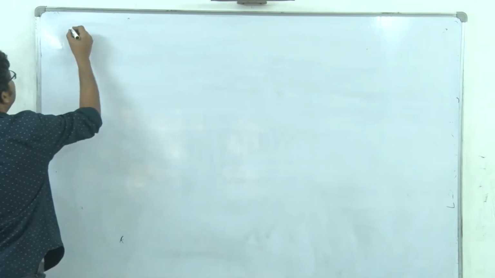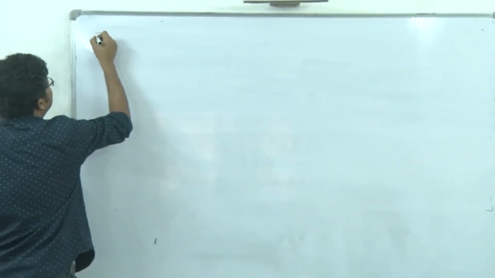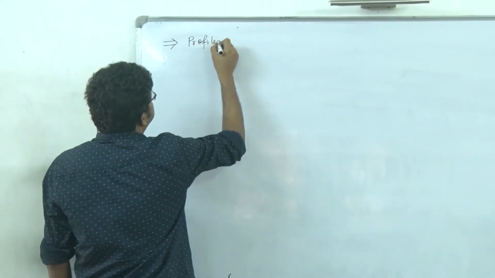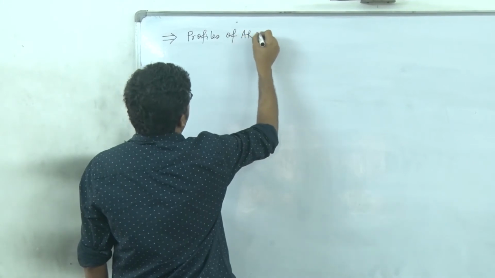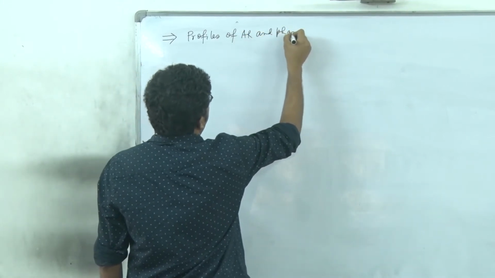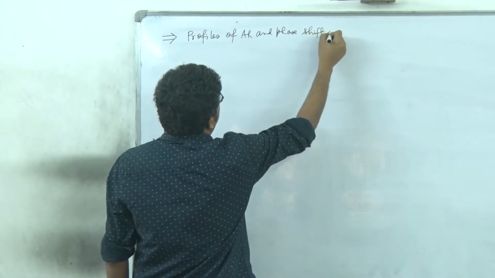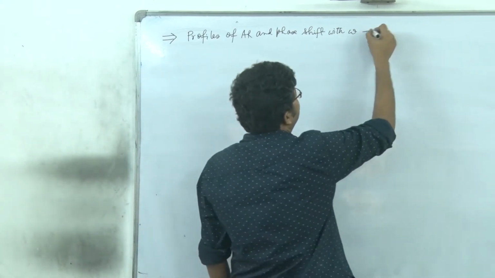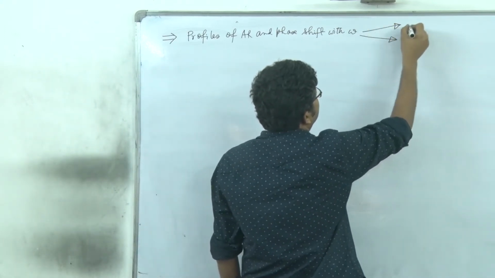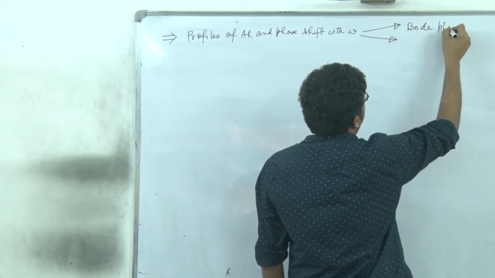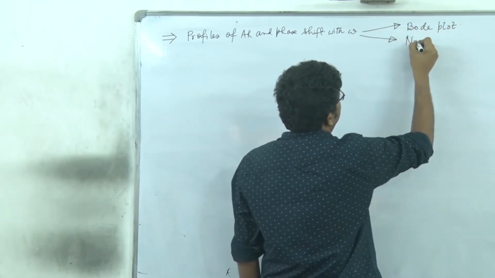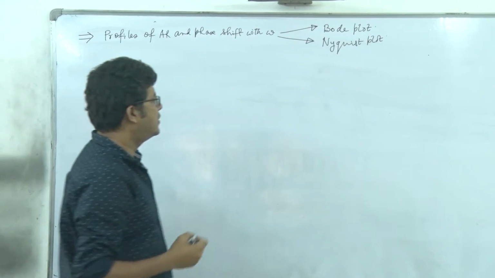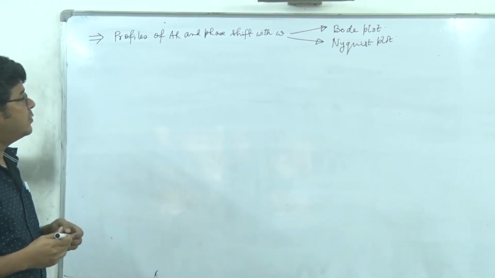So here we'll be discussing these profiles of amplitude ratio and phase shift with ω. And there are two different types of plots. One is the Bode plot, another is the Nyquist plot.